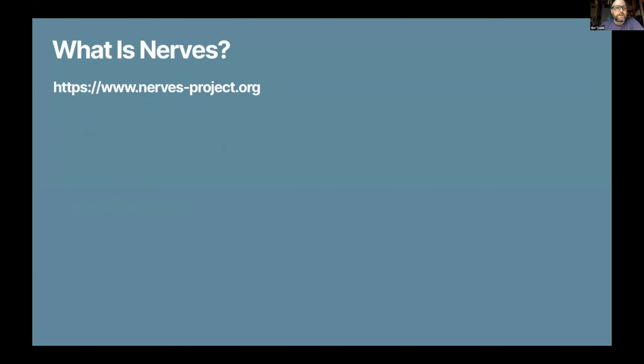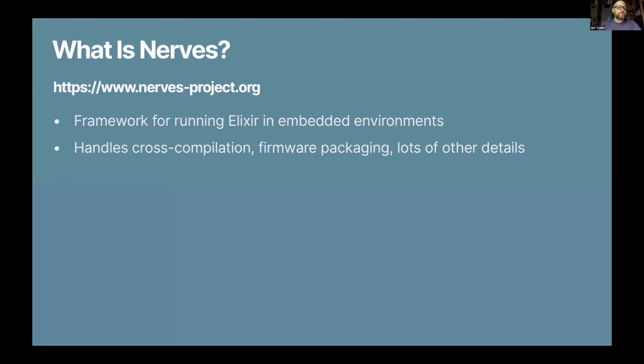If anyone hasn't heard of it, it's a framework for running Elixir in embedded environments. So what this basically means is that it's a toolkit that handles cross-compilation, building and packaging firmware for a bunch of different platforms, and a bunch of other details that go along with that. It has some device-side tooling for letting you interact with bits and bobs on the various devices that you talk to.